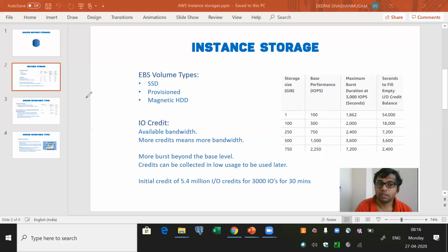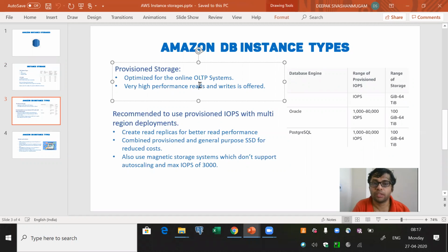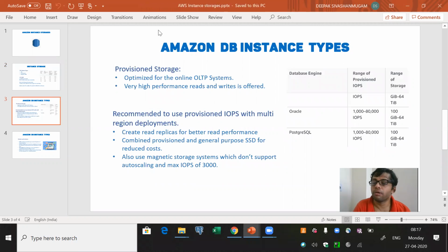Let us look at some other concepts. What is the typical use of provisioned storage? You will typically use it for online transaction processing systems, like a sales counter, or anything that needs very high performance, like websites with very high read performance needs, such as a stock ticker.